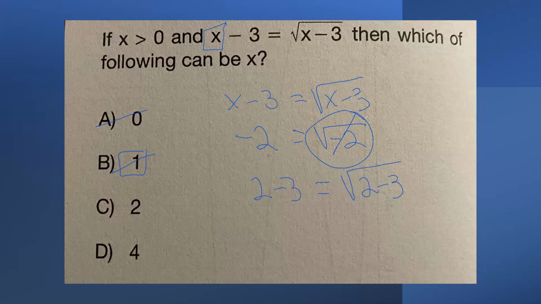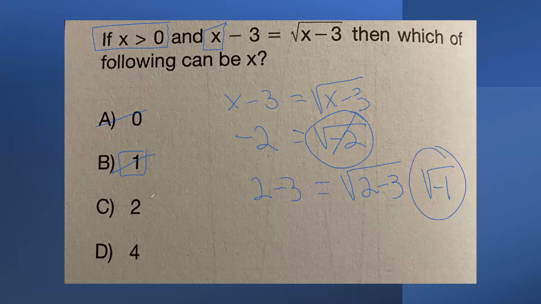So it's all right. We know that x has to be greater than 0 anyway. That's all we need to know. The SAT does have imaginary number questions, but no number here is greater than 0 with -2 or with -1.